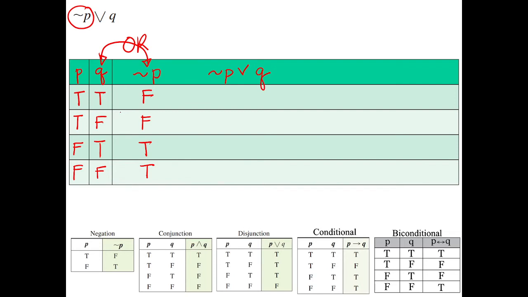False or false? False. True or true? True. True or false? True. Mao ni answer nato, class, for our second example.